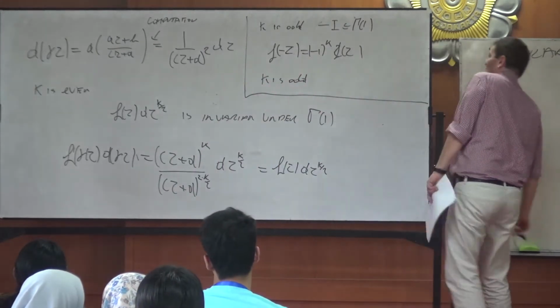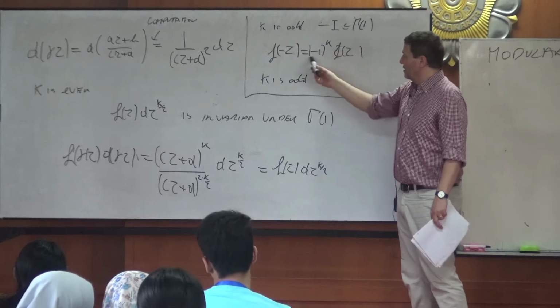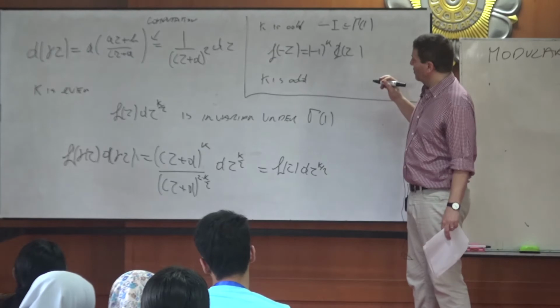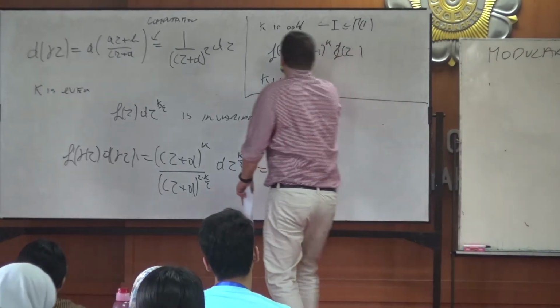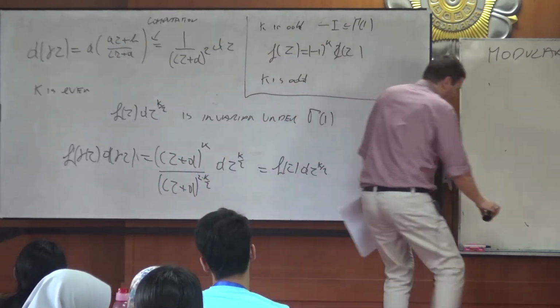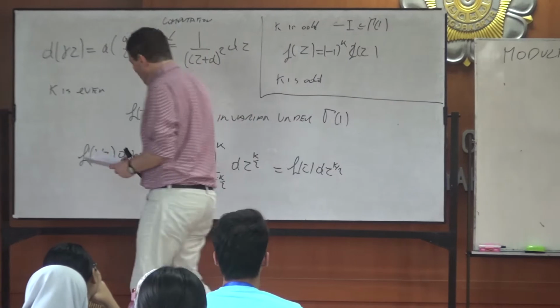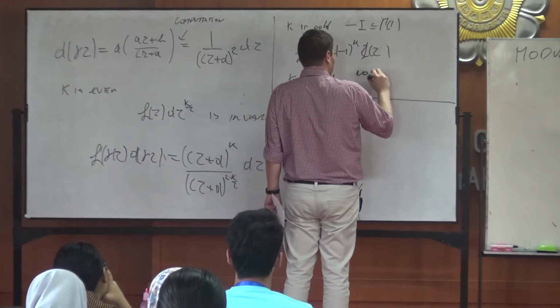Sorry, yes, f of tau, not f of minus tau. F of tau is minus 1 to the k f of tau, yes. Thank you. So if k is odd, the only solution is 0. And so there is no possibility, only 0.